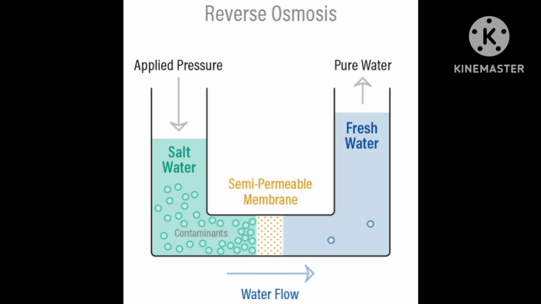Then what is the difference? 1000 minus 600, a difference of 400. This 400 difference is actually called osmotic pressure. It is the higher pressure minus the lower pressure; whatever the difference between the two, that is called osmotic pressure.